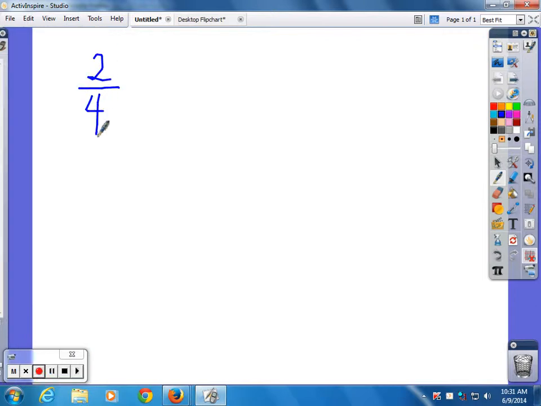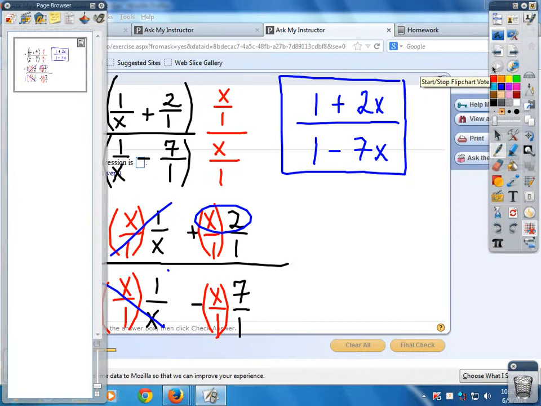Now, let me ask you a question back in pre-algebra. Somebody give me the decimal for this. 0.5. You just know that 1/2 is what? Simplified. Now apply that to this.